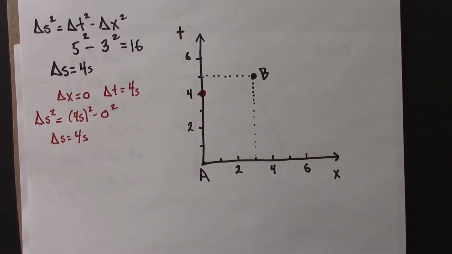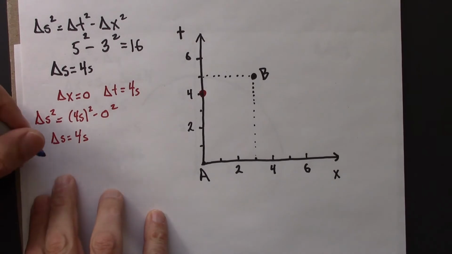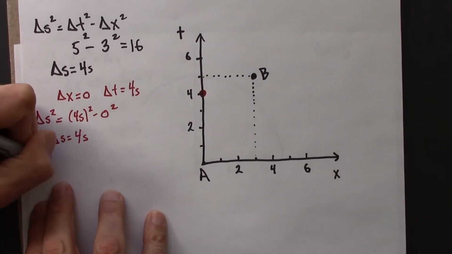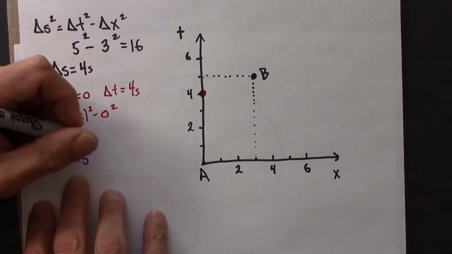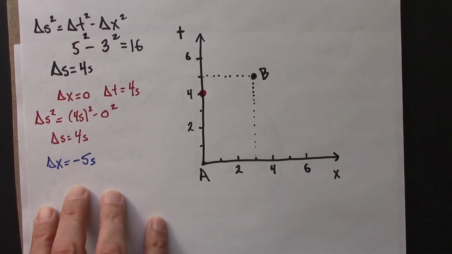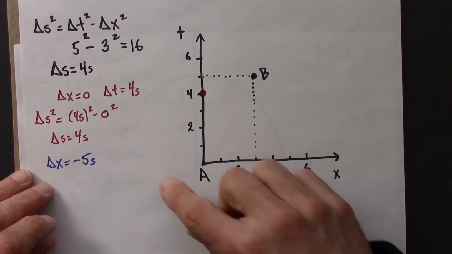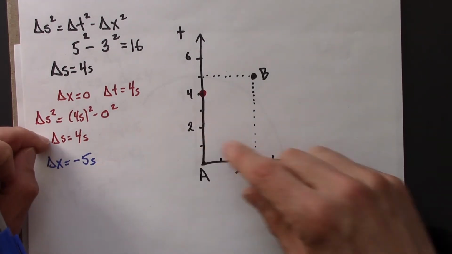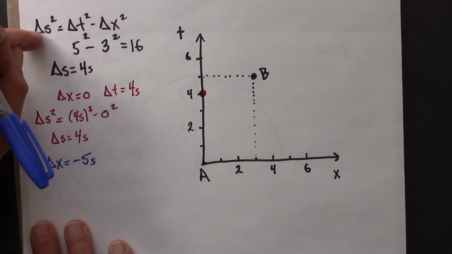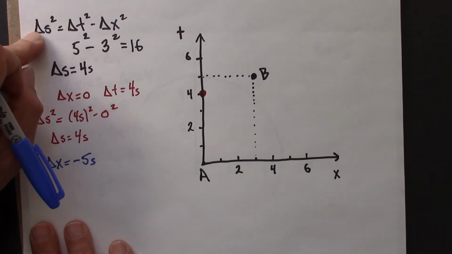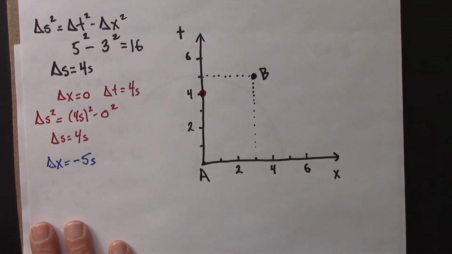Let's see. We could also imagine maybe there's some reference frame in which delta x is minus 5 seconds. And in that case, what would I get for delta t? Let's see, I guess I could take this equation and solve it for delta t.